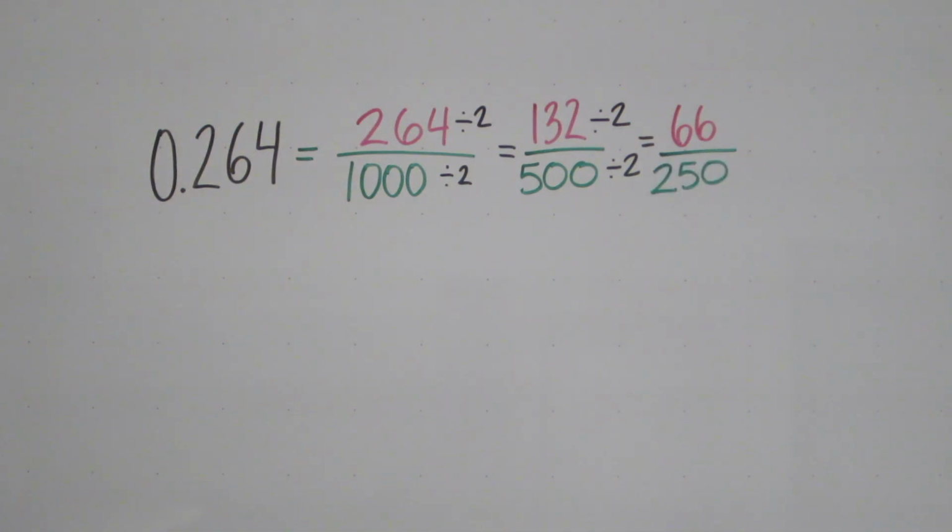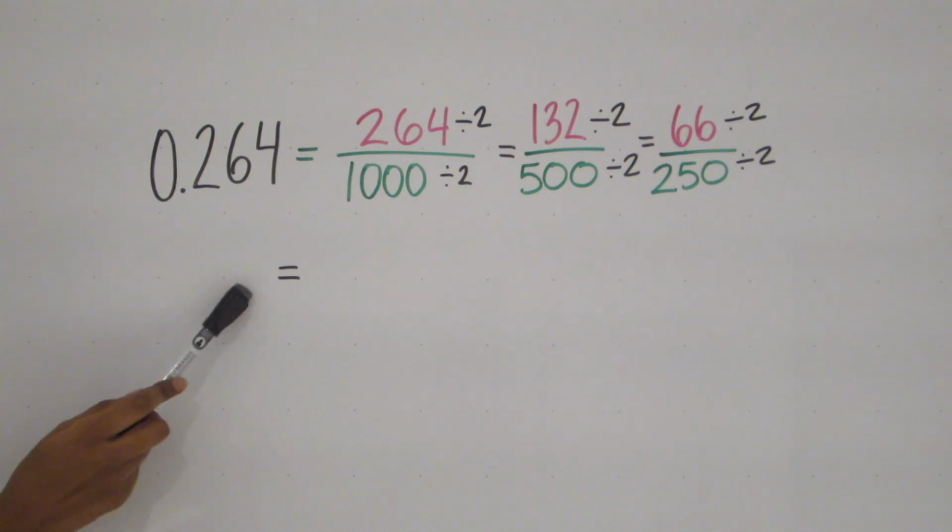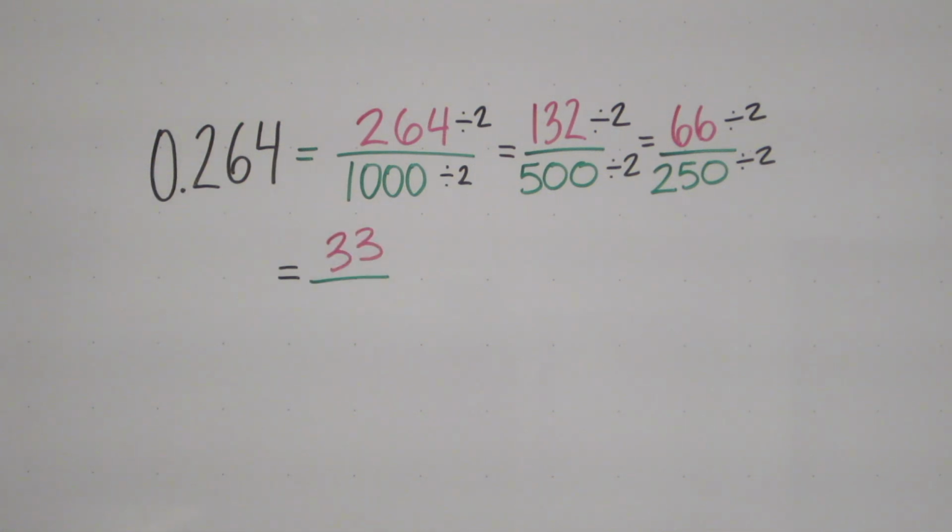Now 66 and 250 can still be further simplified. They can both be divided by 2. And I'm just going to continue over here. 66 divided by 2 gives us 33. 250 divided by 2 gives us 125. Now, is there any whole number that we can divide 33 and 125 by?